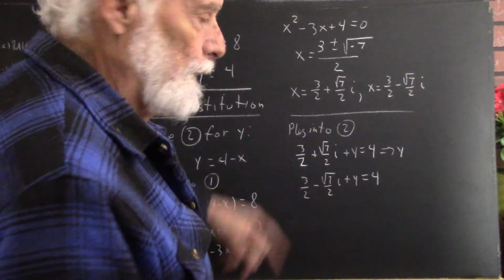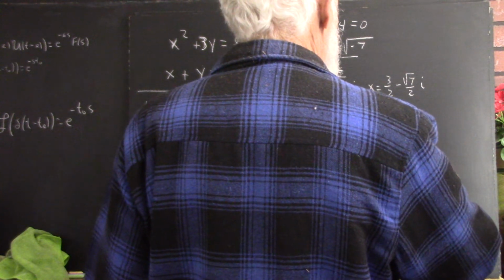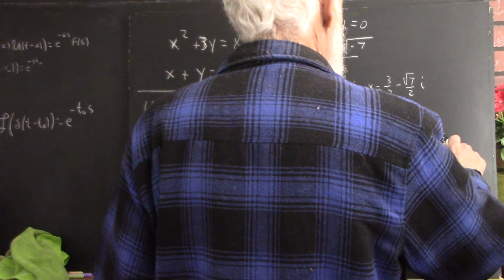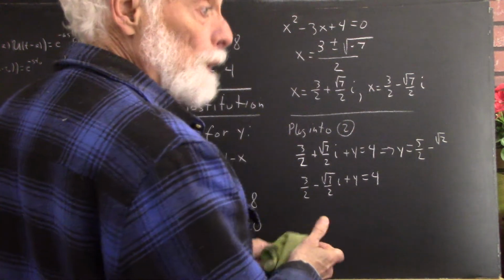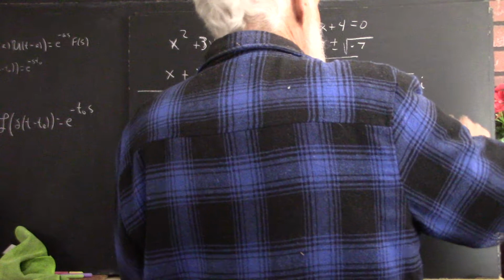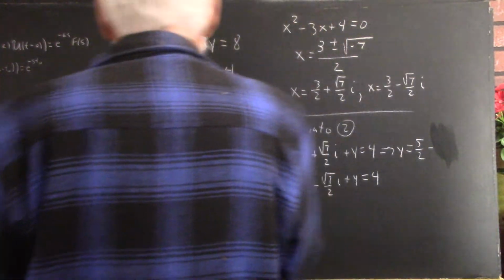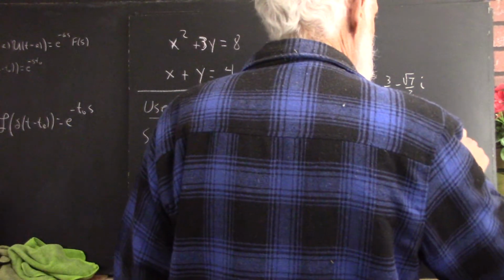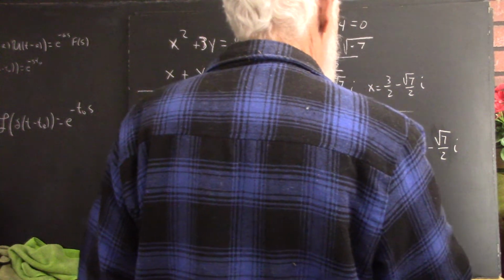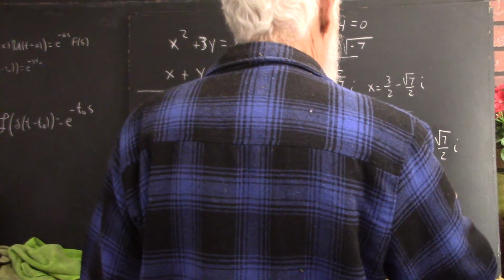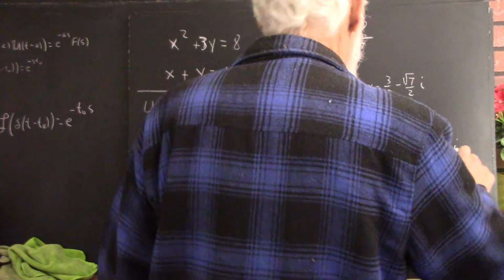Well, that's 8/2 minus 3/2, that's 5/2. And I keep wanting to write a square root of 2 when I'm trying to write a square root of 7. Okay, so 5/2 minus the square root of 7 over 2 i. And this one gives you y equals 5/2 plus the square root of 7 over 2 i.